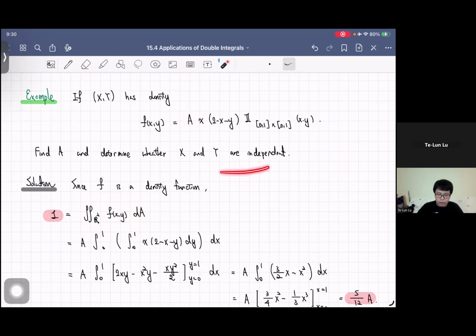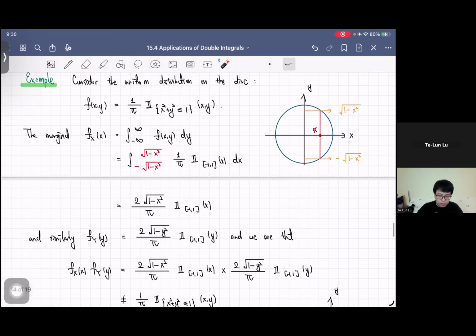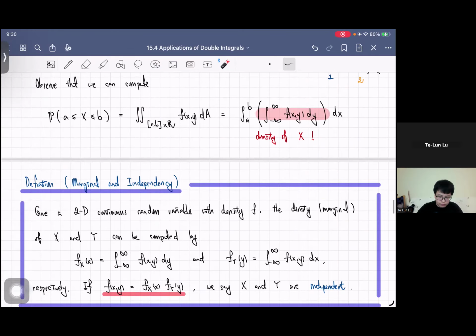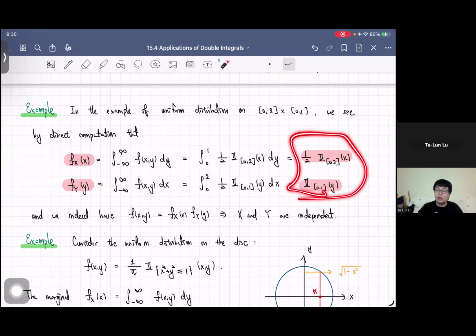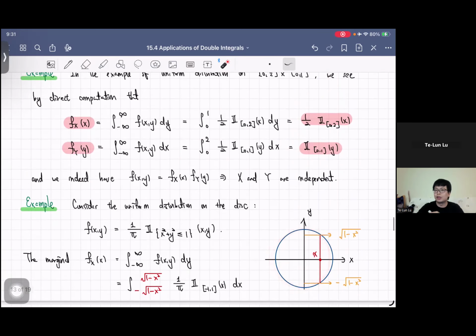And you can also determine whether variables are independent by computing their marginals separately and seeing whether the product of the marginals equals the original joint distribution, which is the case in this rectangular uniform distribution, but not in this circular uniform distribution, because x and y in this case actually depend on each other. They cannot be jointly too high or too low.